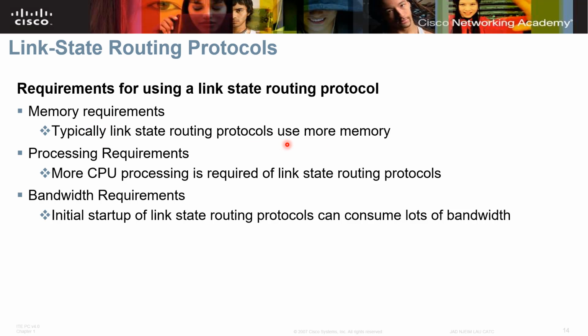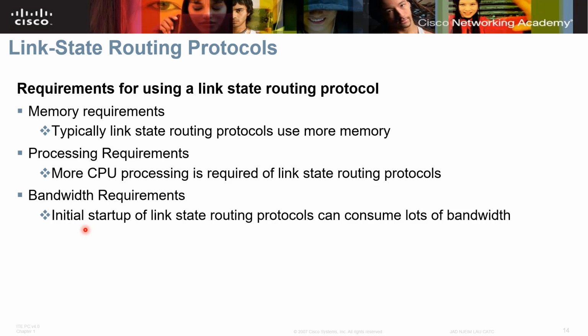It uses more memory because of constructing a database. I need to build a complete database of all information about the network. It also needs more processing to build the routing table and to calculate the shortest path to every destination.